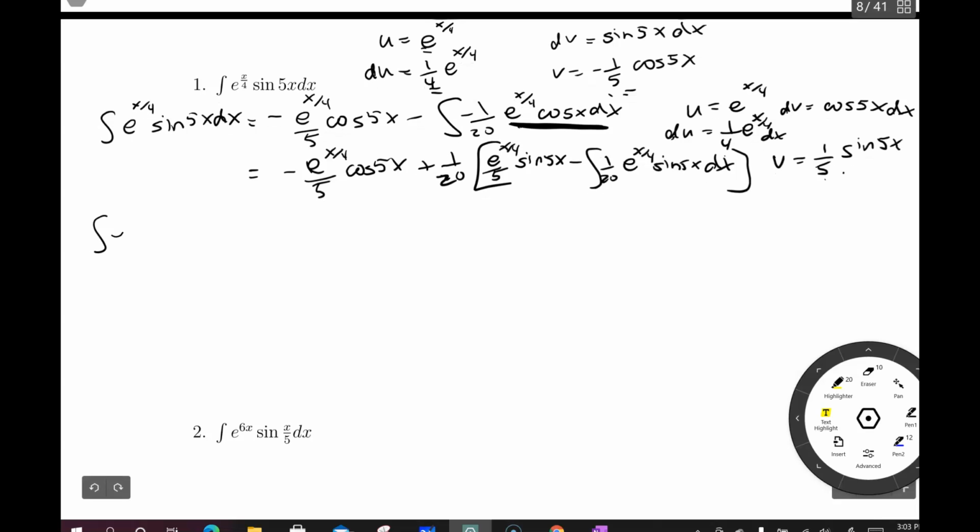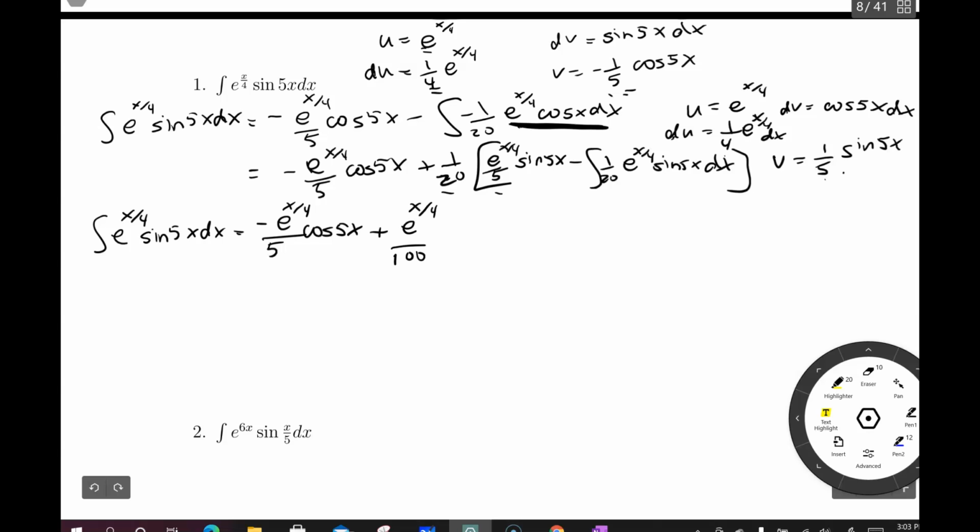So I get this original problem equaling negative e to the x over 4 over 5 times cosine of 5x. This times this, it's necessary to multiply this out.